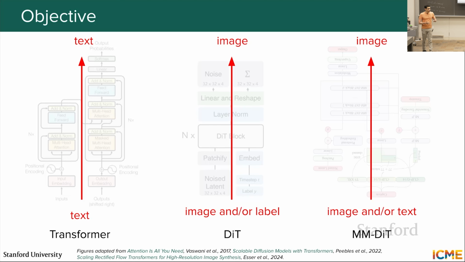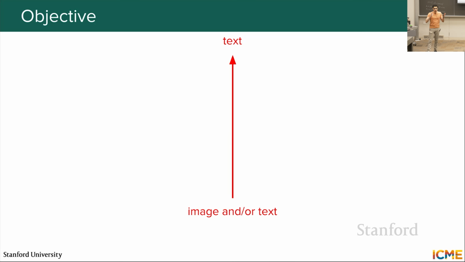And same for MMDiT, where the input was guided by potentially text, not just a condition. And here we're in this sibling problem of dealing with both modalities, except that we want image and text at the input in order to find a way to judge them and get text as output.